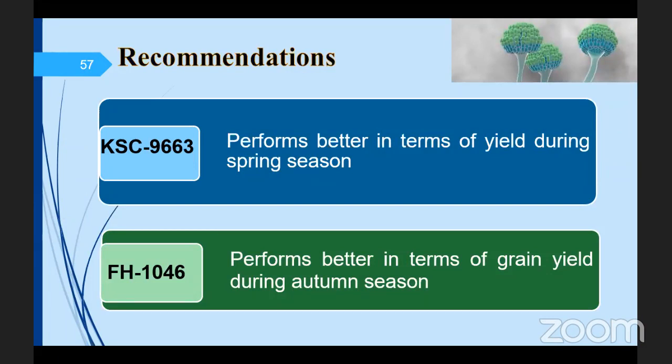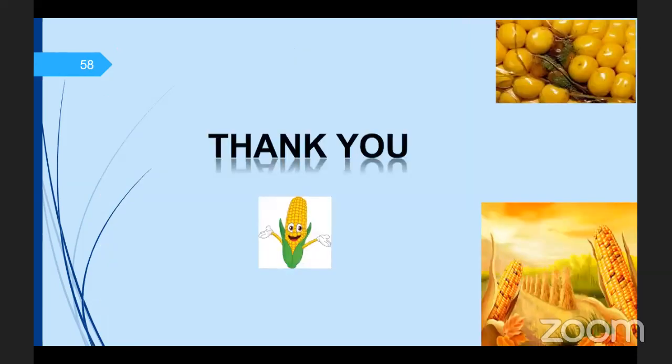And there are some recommendations. KSC 9663 performs better in terms of yield during the spring season, and we can choose FH 1046 for the autumn season, which shows more resistance and can give better yield.